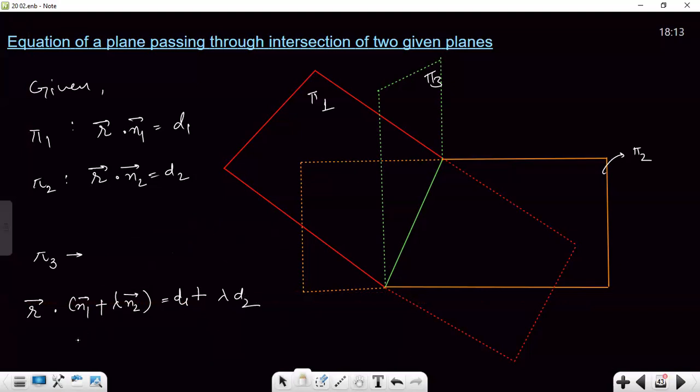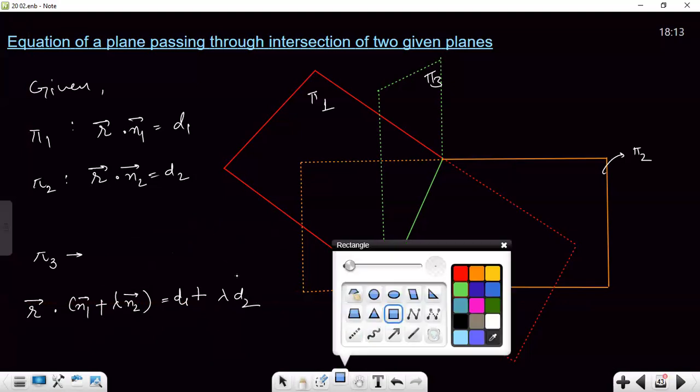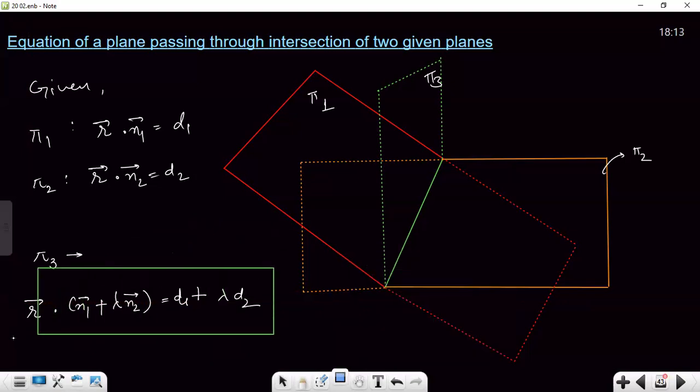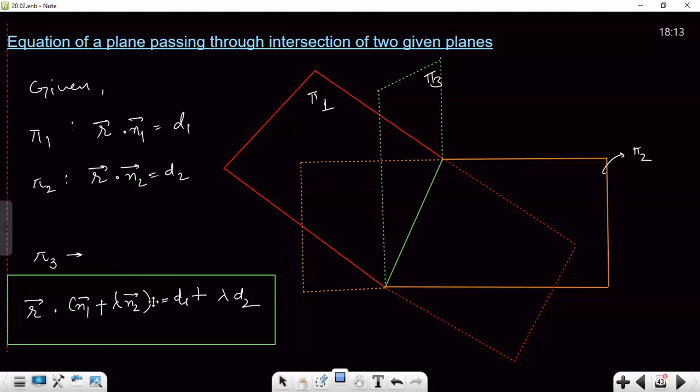So this will be the equation of the third plane, or the plane that is passing through the intersection of two planes.